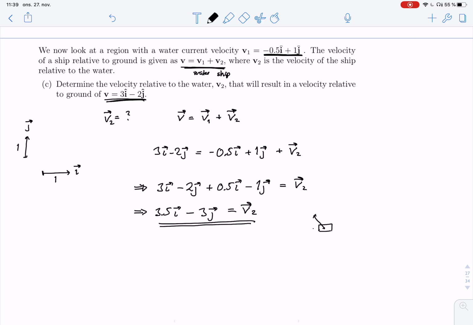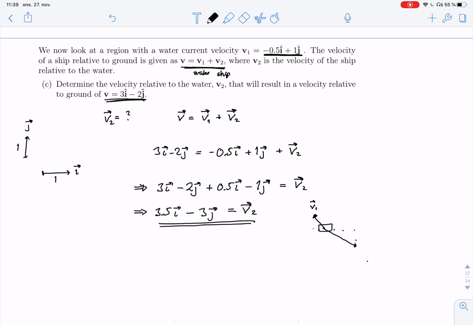So this would be our dragging by water. And the ship itself would be moving a lot more in this direction here. 1, 2, 3, 1, 2.